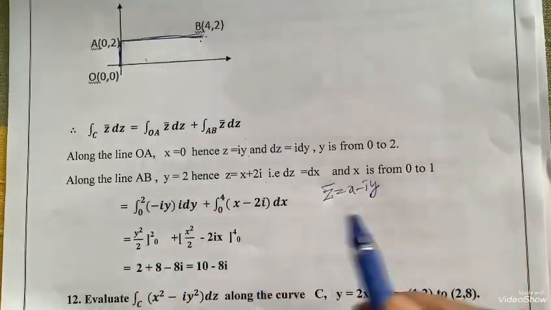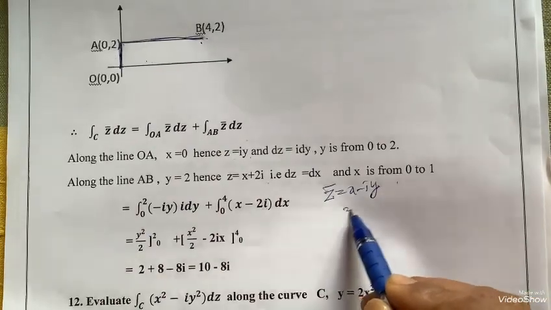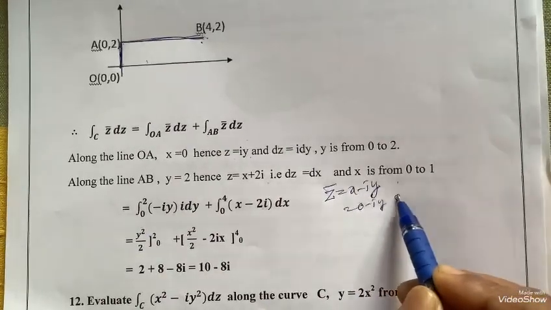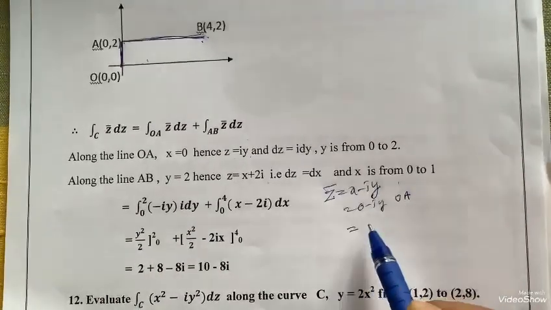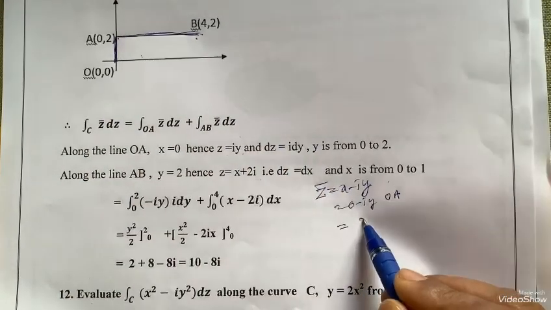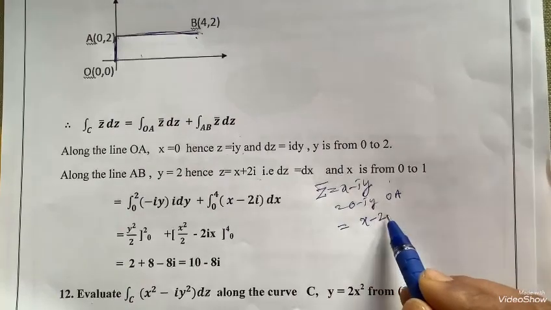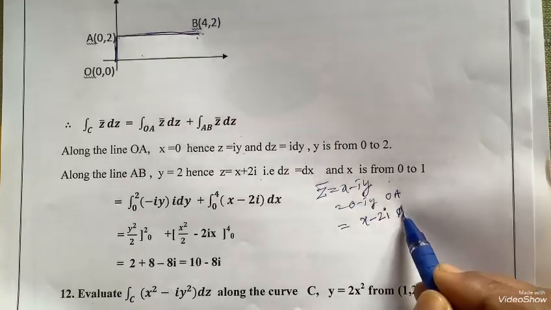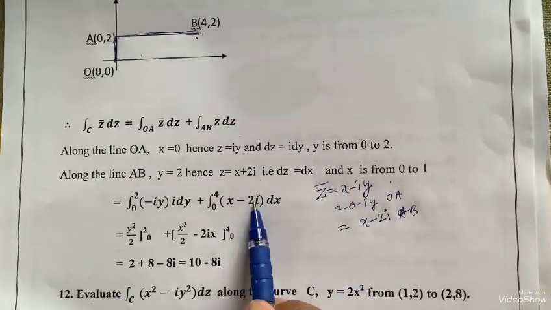So along the line OA, it becomes 0 minus iy, and along AB, x as it is and y is 2, so it is x minus 2i.